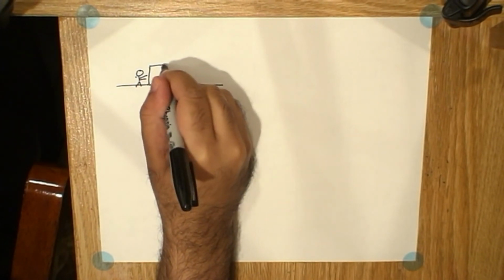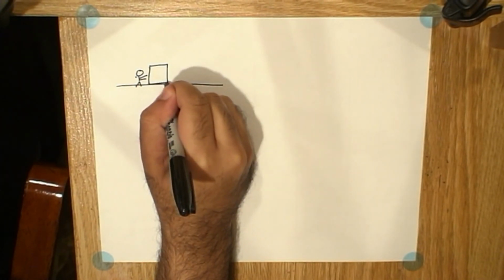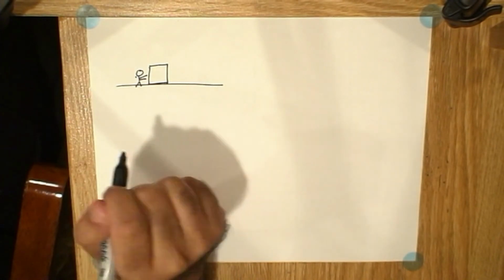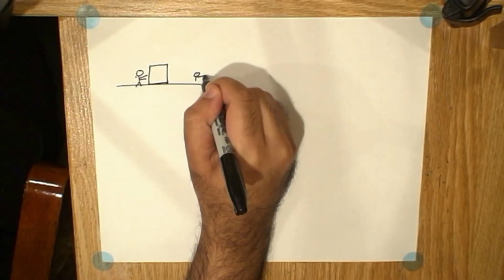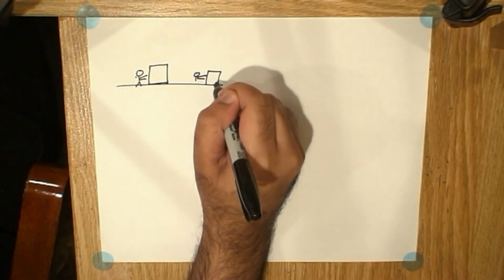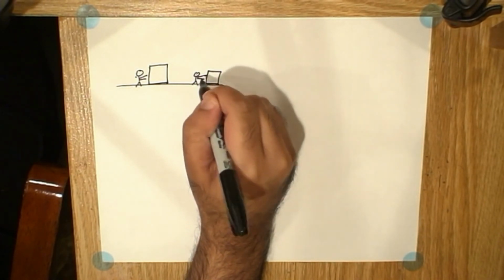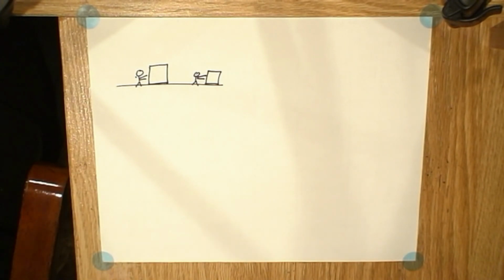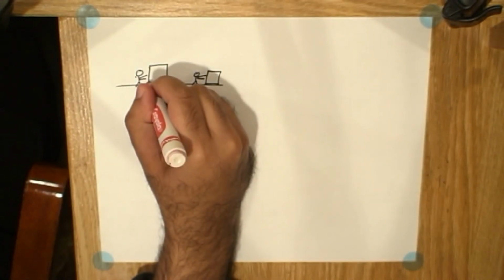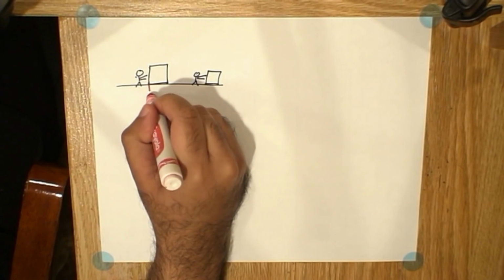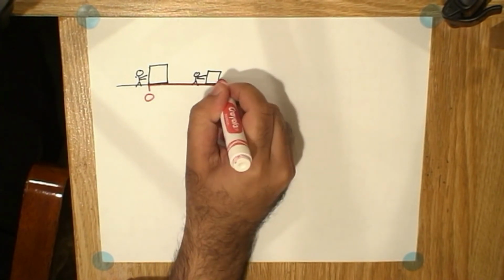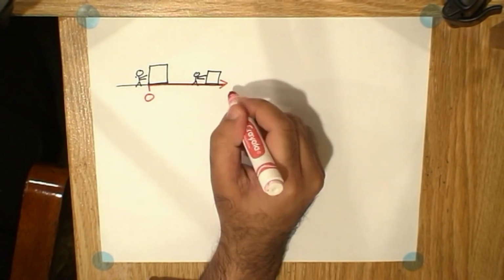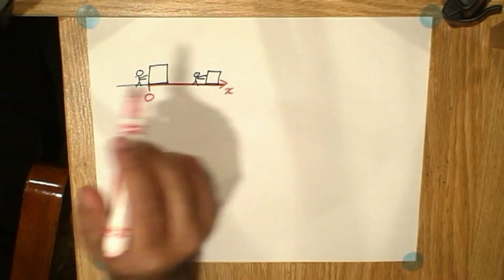You are pushing this object with a force of 5 newtons. And you're eventually going to push it across the floor, which, by the way, is frictionless. Here is the origin. And the rightward direction is x.